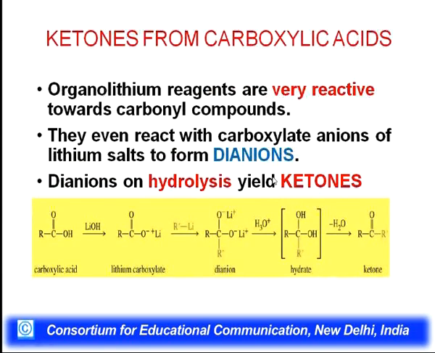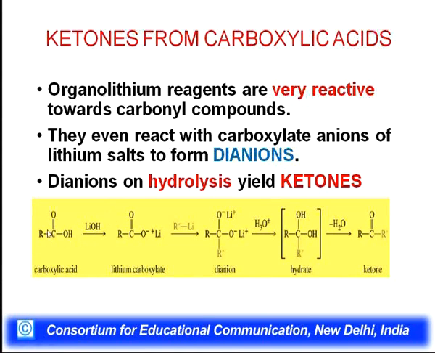The next method of preparation is, we can also prepare ketones by reaction with organolithium reagents, because organolithium reagents are very reactive towards carbonyl compounds. They are so reactive that they can react with carboxylic acids to form a dianion.